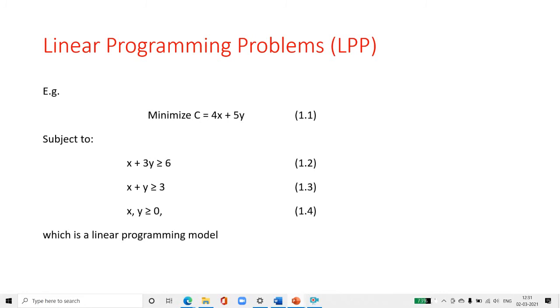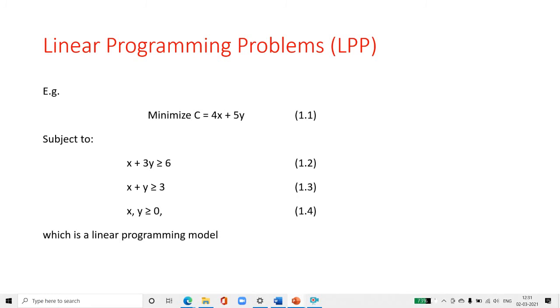As I said, operational research is used in business problems, industrial problems, and transportation problems. If we consider this type of problem, we have two objectives: minimize the cost or maximize the profit.